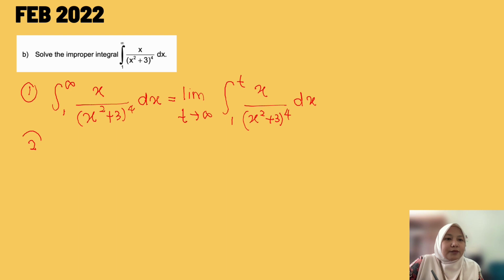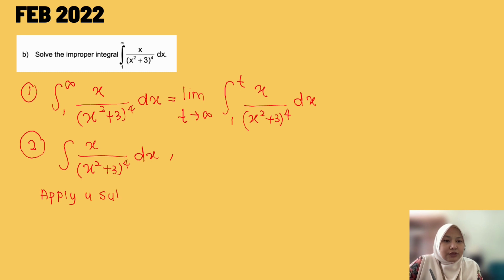Second step, we will solve the integral. We have x over (x squared plus 3) to the power of 4 dx. In order for us to solve this integral, we need to apply u substitution.